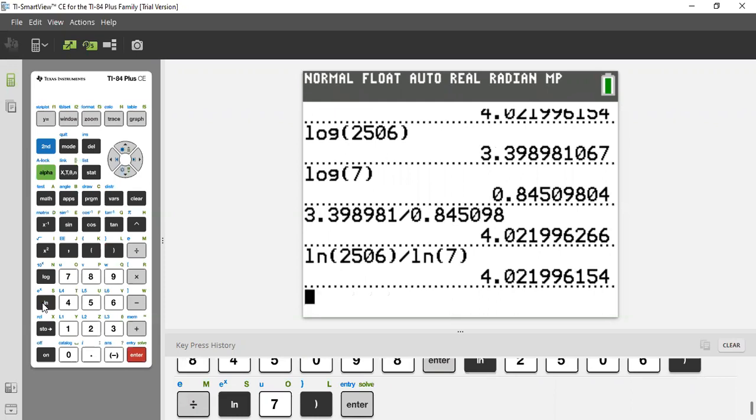So it is close. And at 3 decimal places, we would still have it rounded the same. Again, for my non-TI calculator ones, you still have the option to do natural log of 2506, natural log of 7, and then do that division. And you can again use your alpha y equals to stack that as well.